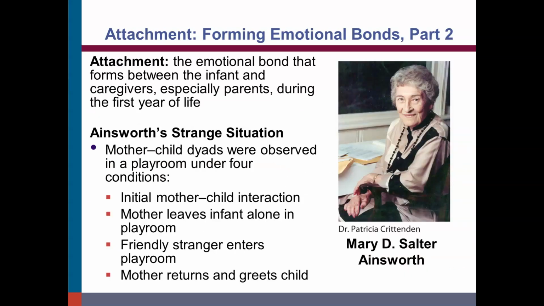So attachment is what's known as the emotional bond that forms between the infant and caregivers, especially their parents, during the first formative years of their life. Okay. Nothing to memorize on this slide. This is just trying to get you acquainted with this information and thinking this way. Just big picture type information.